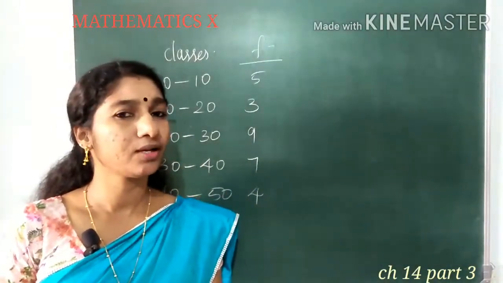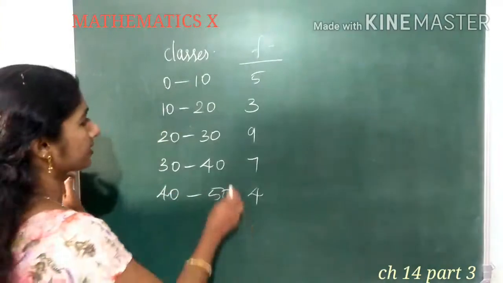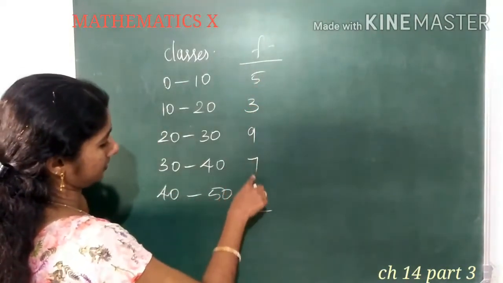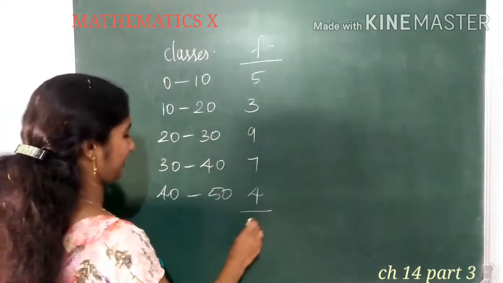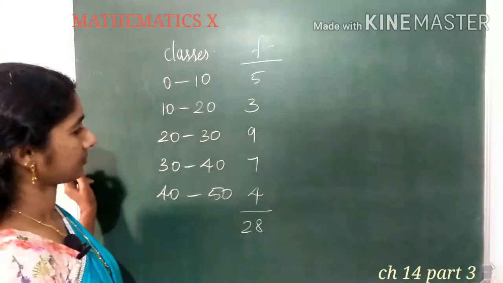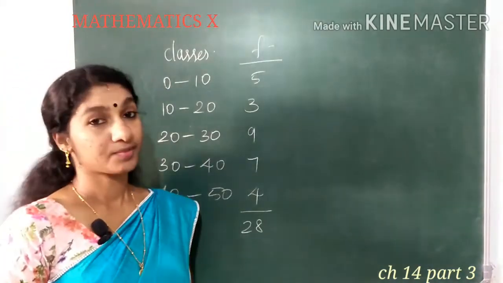Which will be the middle value? Total how many students are there? 5 plus 3, 8... 28. Correct now? 28 observations are there.